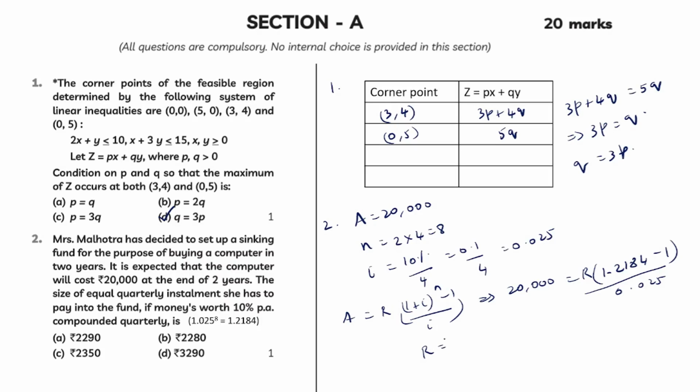So R is equal to 20,000 into 0.025, which is 500, upon 1.2184 minus 1, which is 0.2184. When we divide, we get approximately 2,290. So the correct option is option A.